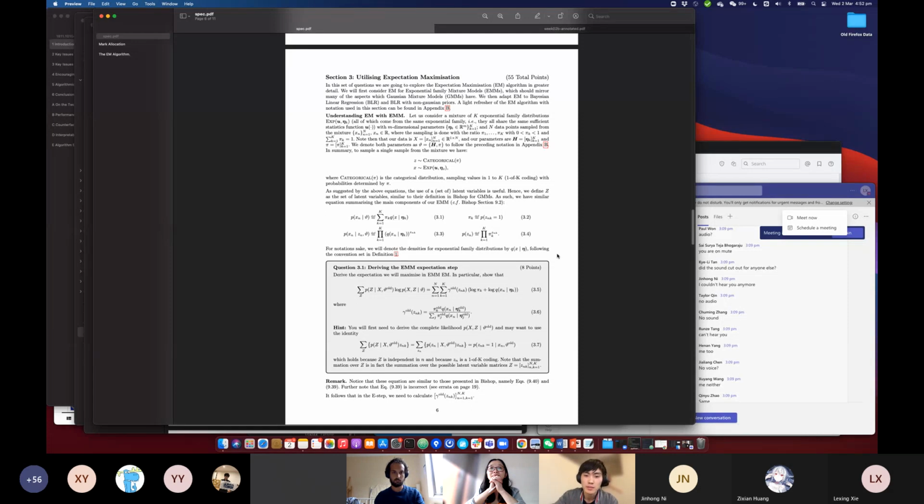Essentially, instead of Gaussian mixture models, which you've hopefully seen before, we're just replacing the Gaussians with exponential family distributions. So there'll be slight differences, but a lot of the derivations will be very similar. My recommendation, if you're not quite sure where to start, is to look at Gaussian mixture models, which are a lot more common. You'll be able to find them in other places, but I don't think you'll find too much on exponential family mixture models.